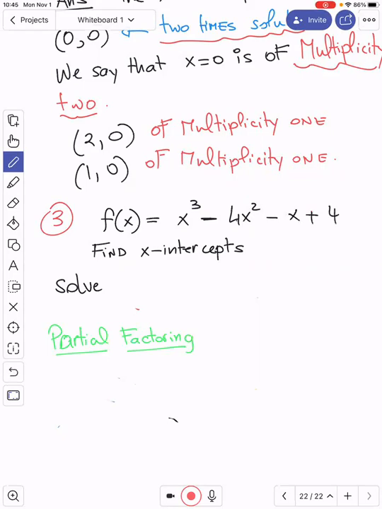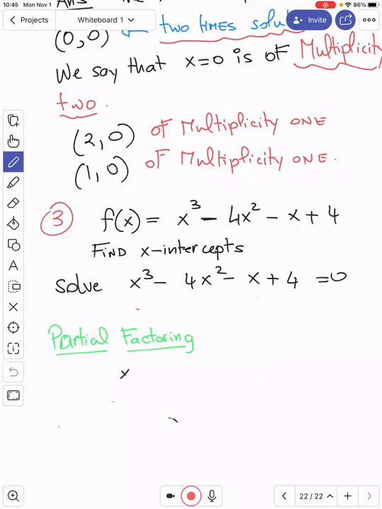Okay, so we need to solve. It's the same idea. We're going to apply the same trick, equal to 0.